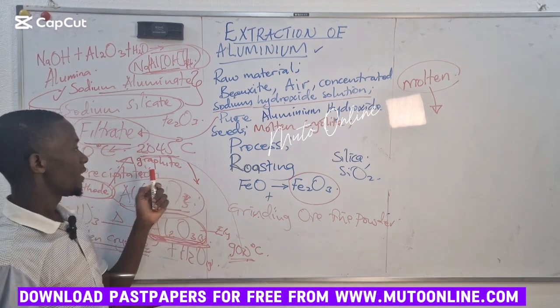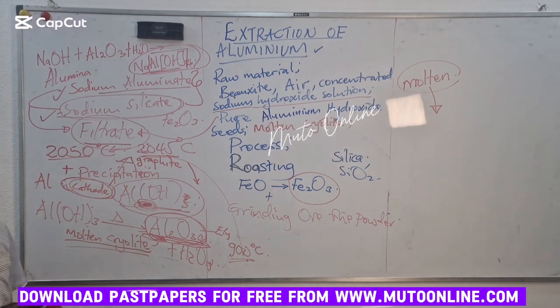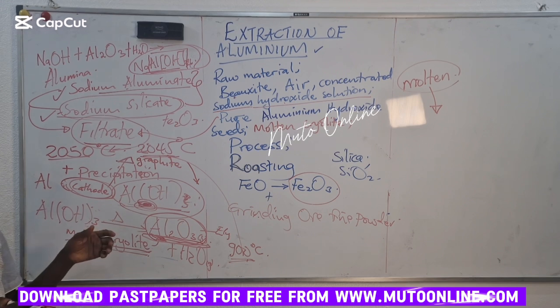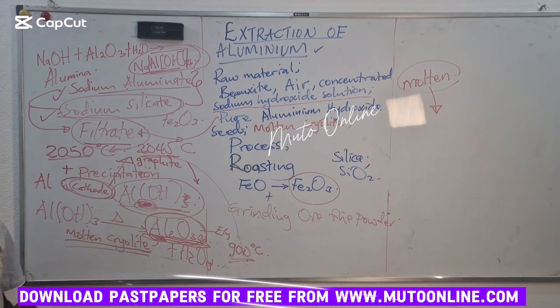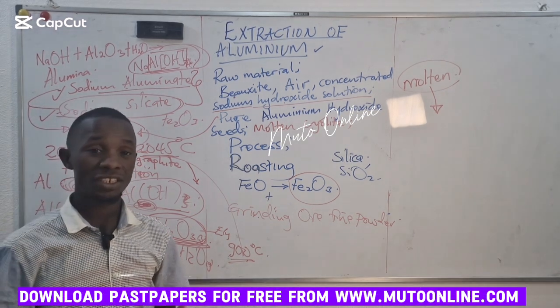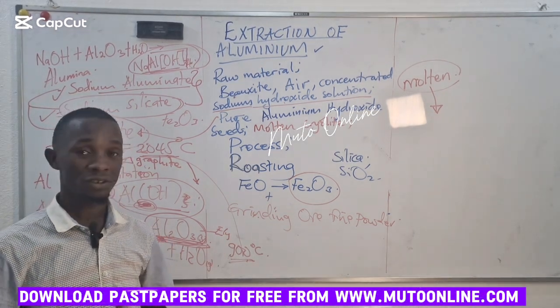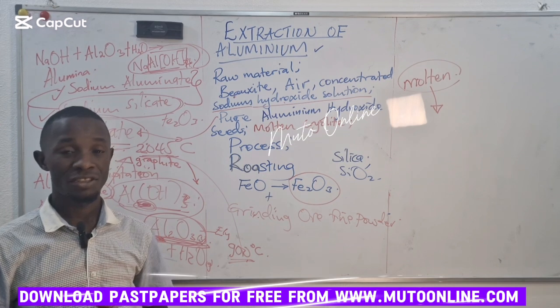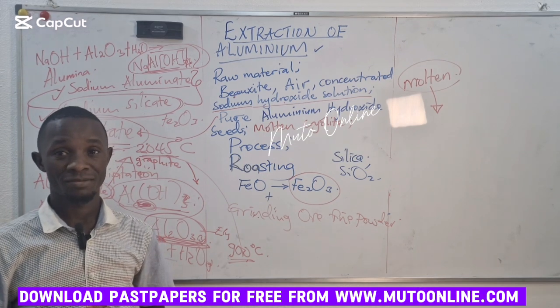We shall find that in this process of production, there are waste gases like the sulfur dioxide that are given off, which once in air dissolve in rainwater to form acidic rains. We know the impact of acidic rains.